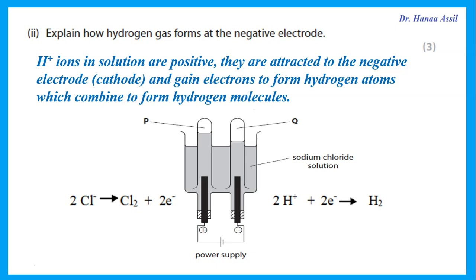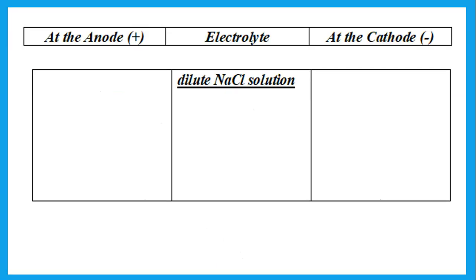Now, when the H plus ions go to the negative electrode, they gain electrons, form hydrogen atoms, and then the atoms combine to form hydrogen molecules. This is how we explain how each of the products is formed at the different electrodes.